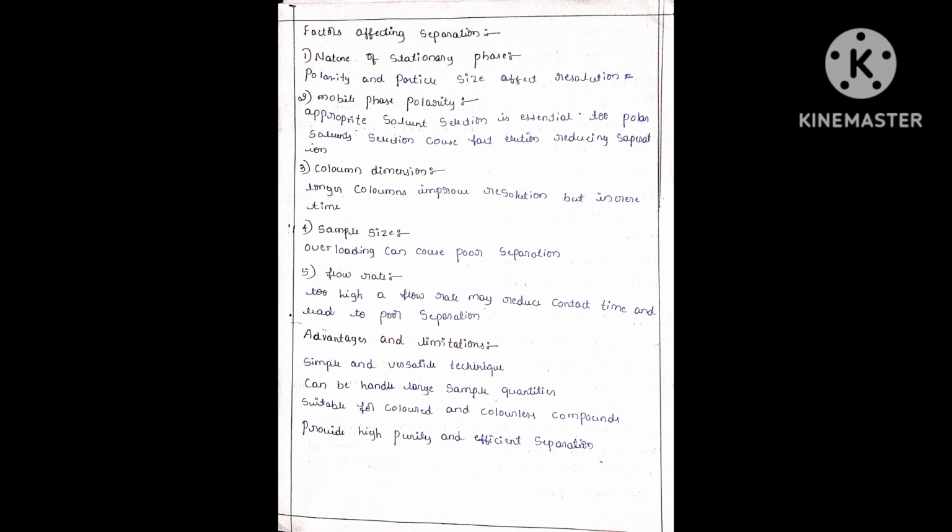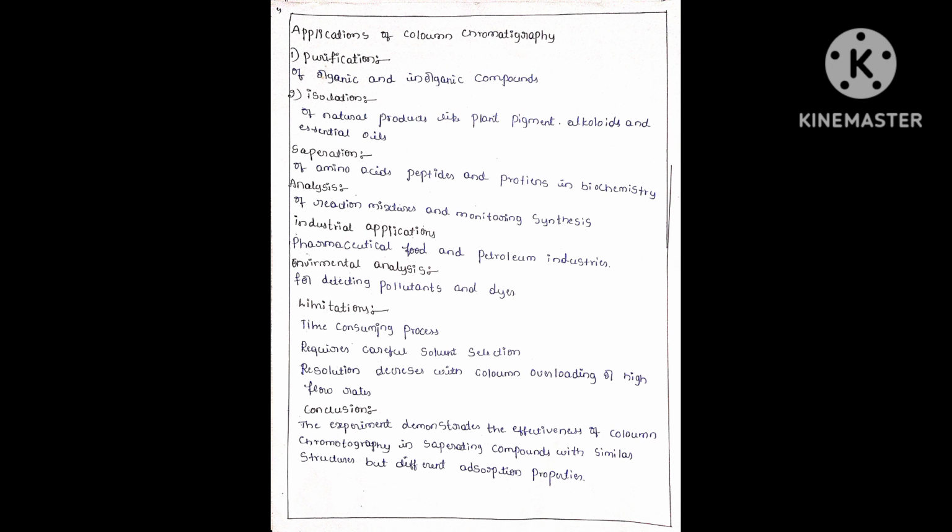Advantages and limitations. It is a simple and versatile technique, can handle large sample quantities, is suitable for colored and colorless compounds, and provides high purity and efficient separation. Applications of column chromatography. First one, purification of organic and inorganic compounds.